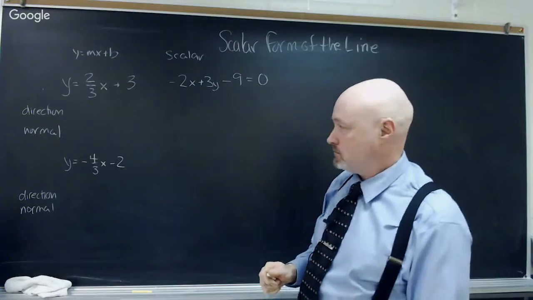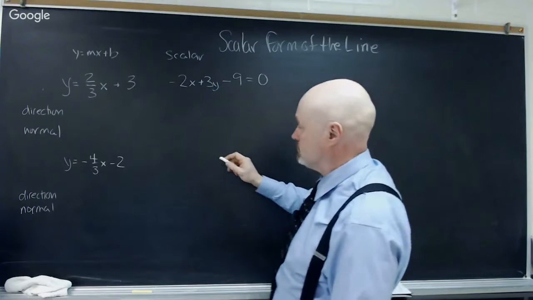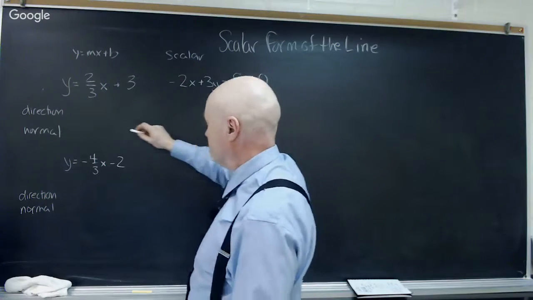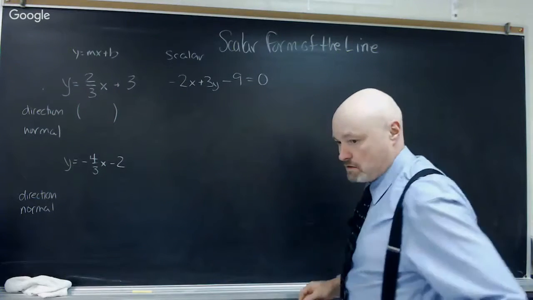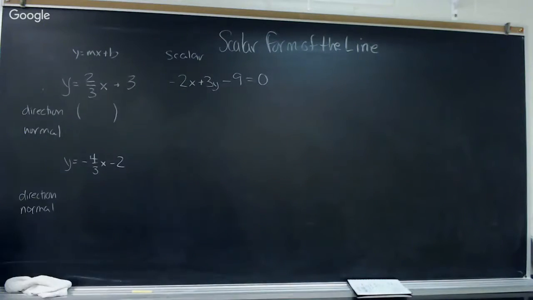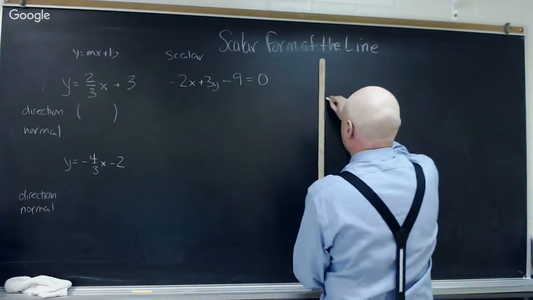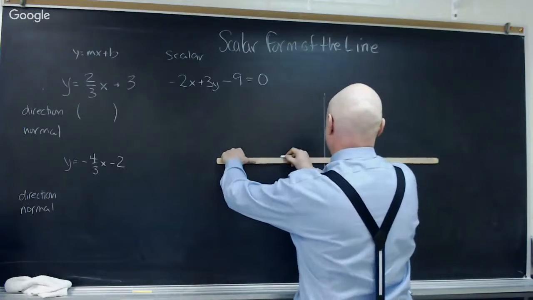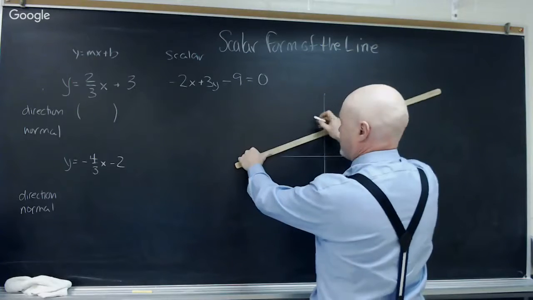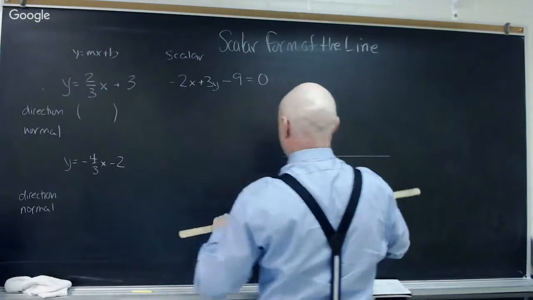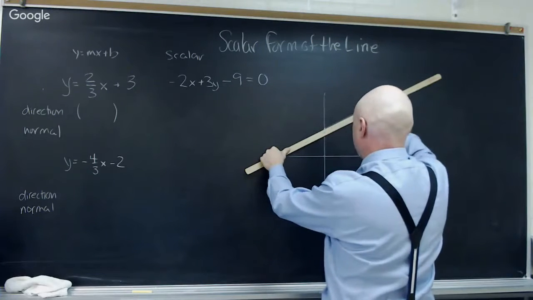The direction vector is basically just the one that goes in the direction of the line. If this was my line, and this particular one has a y-intercept of 3, this slope tells me every time I go over 3, I go up 2. Yeah, that's right.